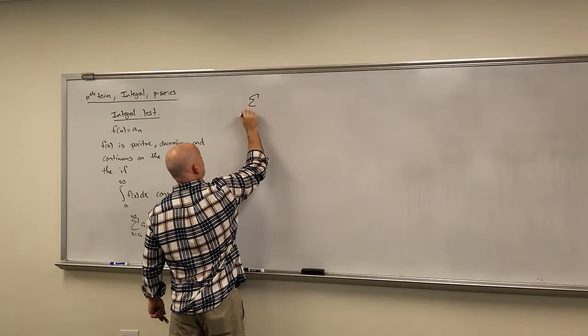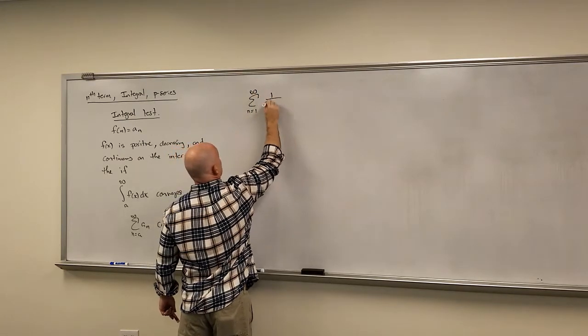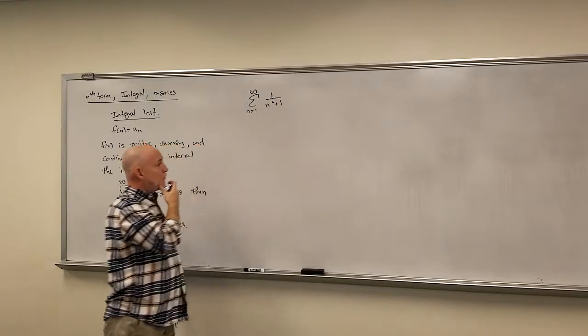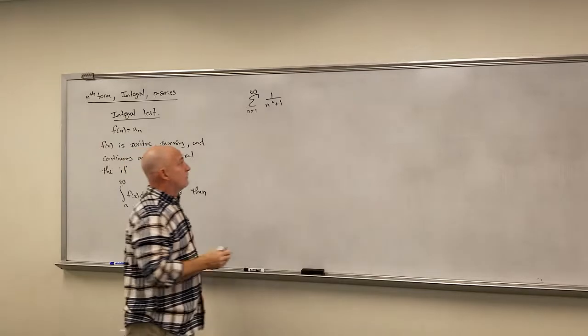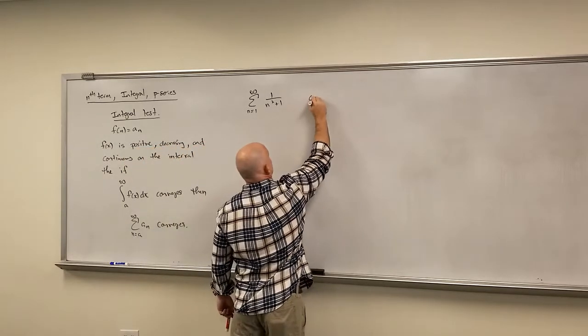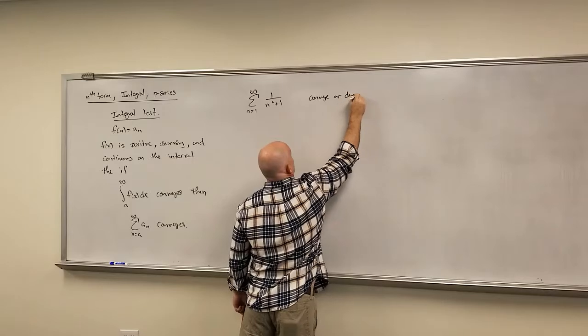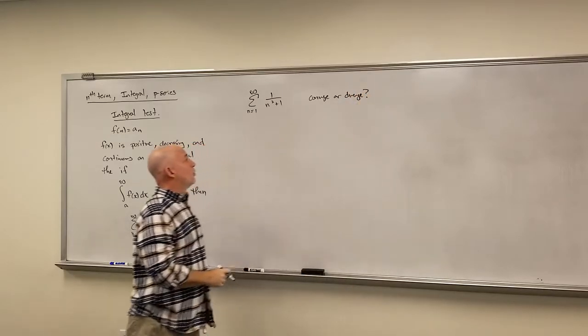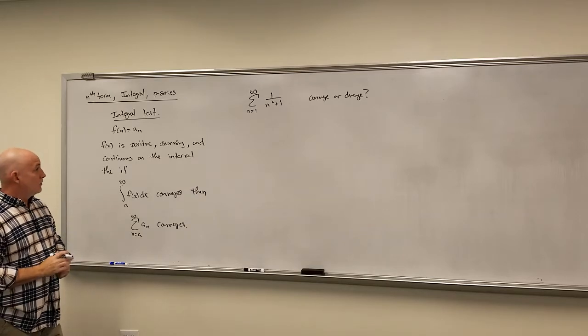Let's say I have the sum n equals 1 to infinity of 1 over n squared plus 1. And we're told to determine if this converges or diverges. Well, one of our tests is our integral test.